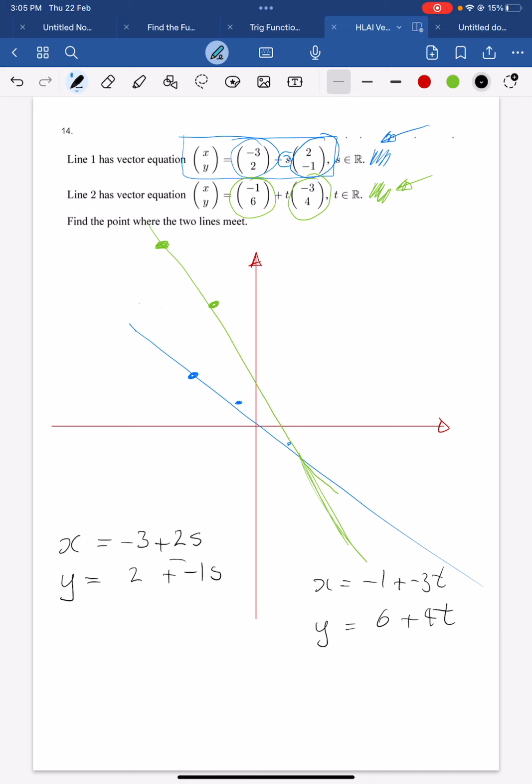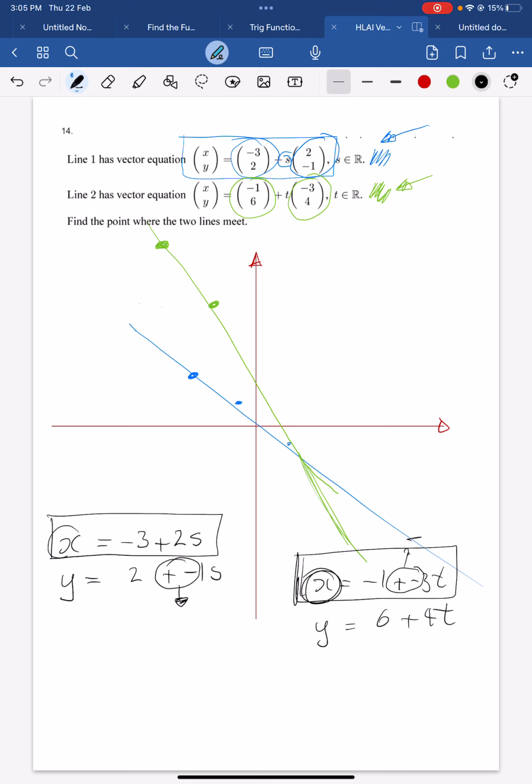I did the plus minus deliberately just to show you that obviously we can replace that with just the negative. Okay. Now let's think about what this actually means. This means that for one of the lines, this is the x coordinate, and for the other line, this is the x coordinate. Now clearly we need both x coordinates to be identical if the points are to be in the same location at the same time.